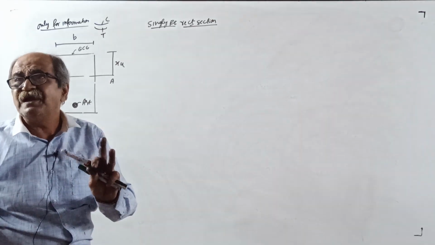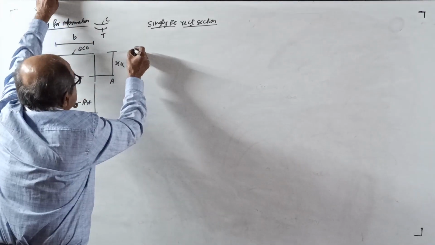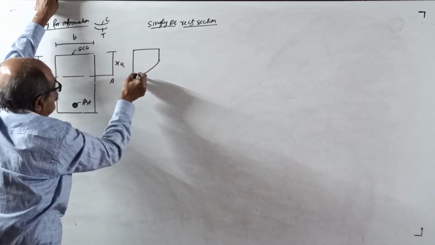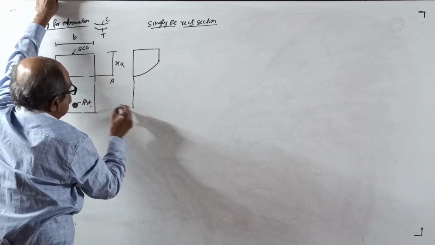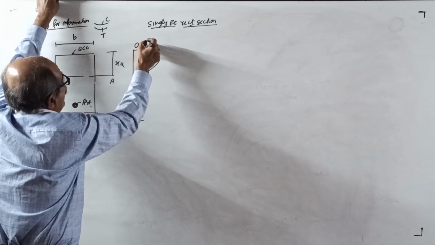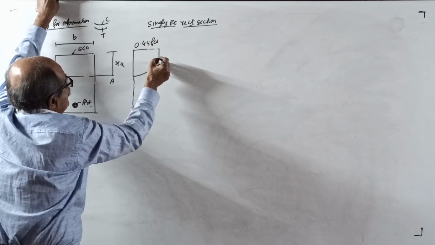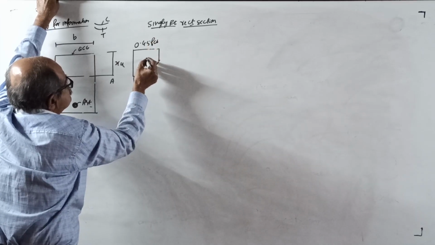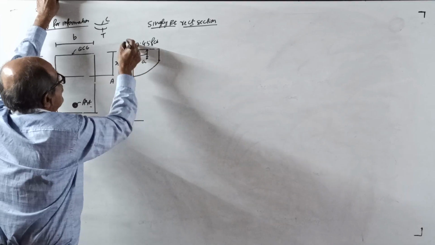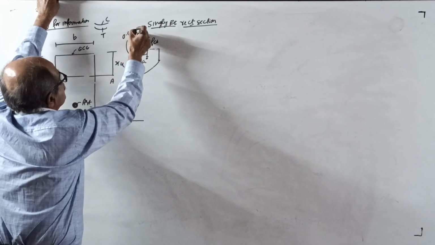Full systematic. Okay, now see, the stress diagram. Right here, the compressive stress diagram for concrete. This is 0.45 fck. Center of gravity is here. This is CG. This distance is 0.42 Xu.